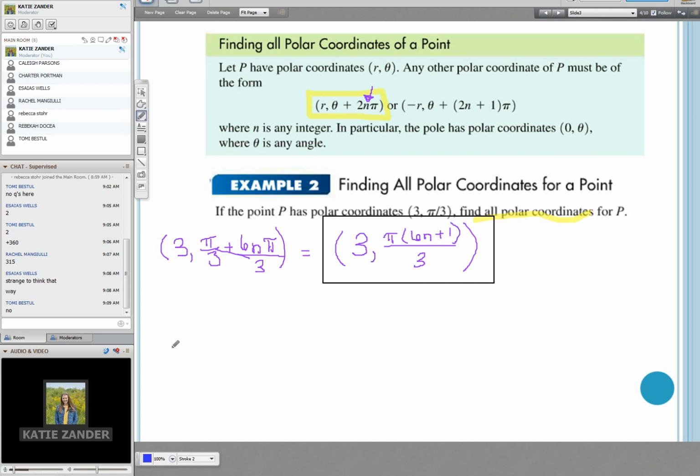Okay, the second option then is taking the opposite of r, which is going to be negative 3. We'll take pi over 3 plus (2n plus 1) pi. Again, I'm going to go ahead and multiply this by 3 over 3 so that we can get a common denominator there.